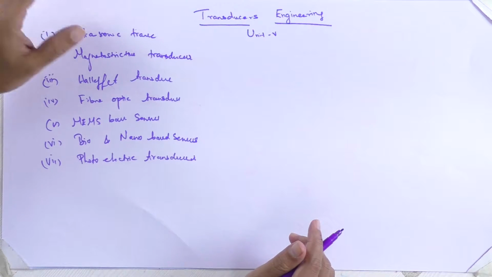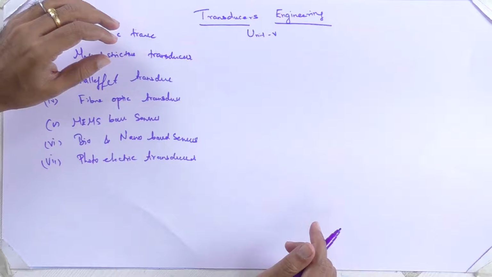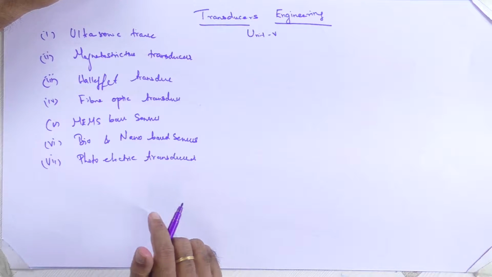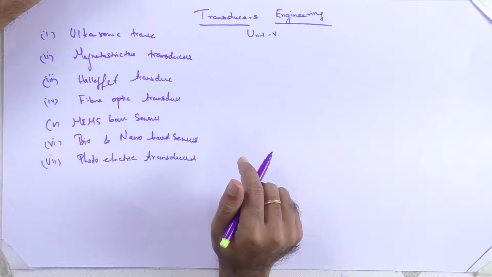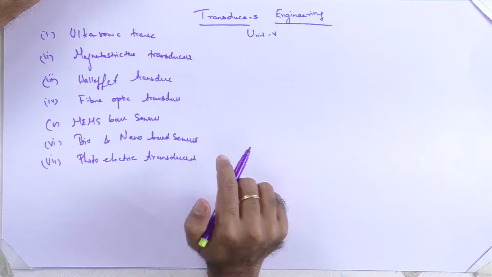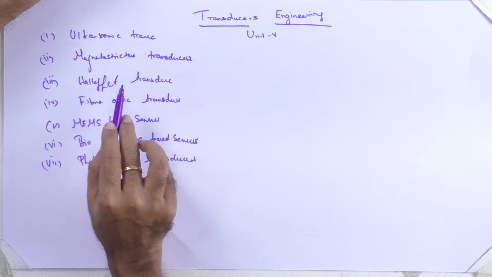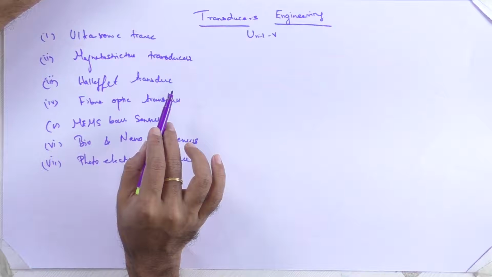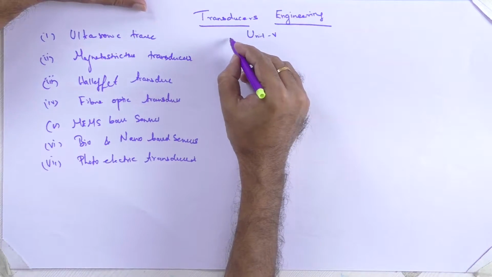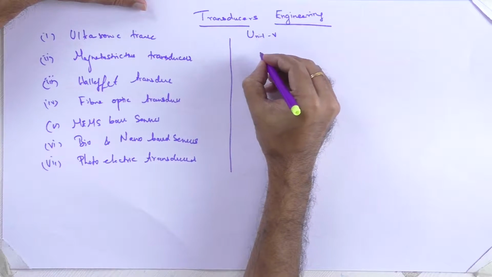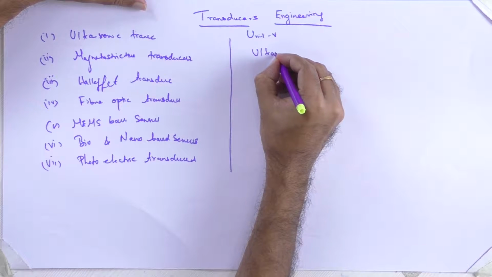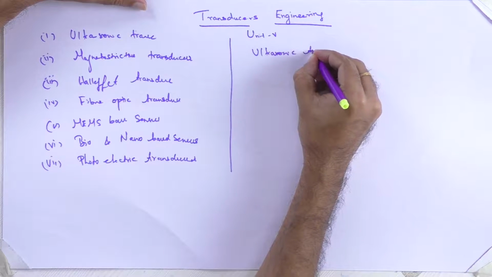So we will see these 8 different kinds of sensors in 2 sessions. We will see now the first session, which covers the ultrasonic transducers, magnetostrictive transducers, Hall effect transducers and the fiber optic transducers. First, we start with the ultrasonic transducers.